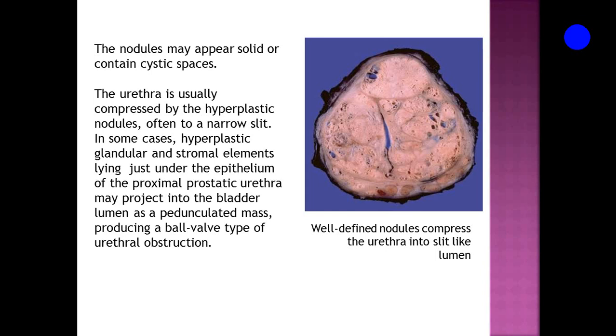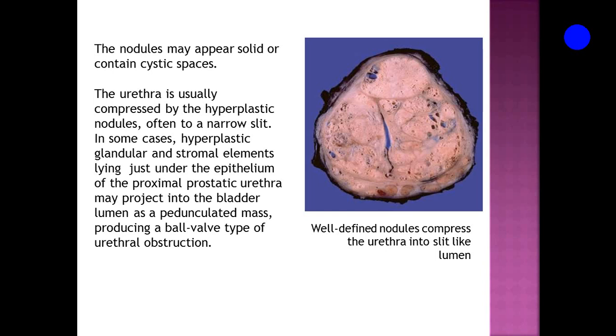The urethra is usually compressed by the hyperplastic nodules, often to a narrow slit. In some cases, hyperplastic glandular and stromal elements lying just under the epithelium of the proximal prostatic urethra may project into the bladder lumen as a pedunculated or nodular mass.